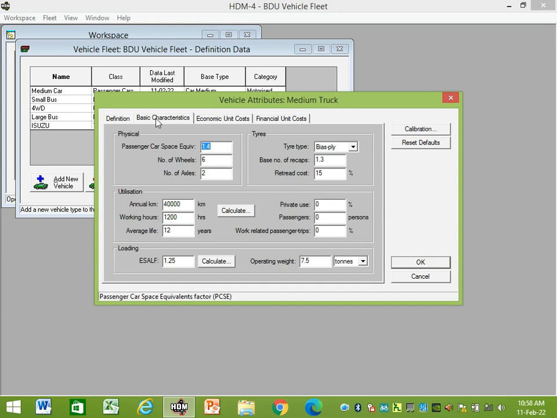We can take it as it is. Not for private use, no passengers, no work related passengers, so we can take it as it is in the case of basic characteristics. Basic characteristics is okay, you can take it as it is.